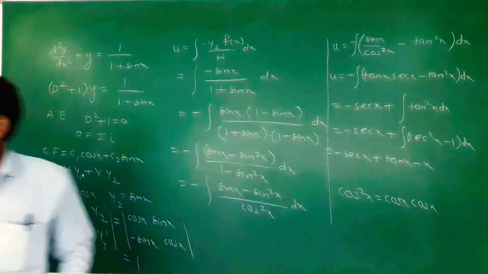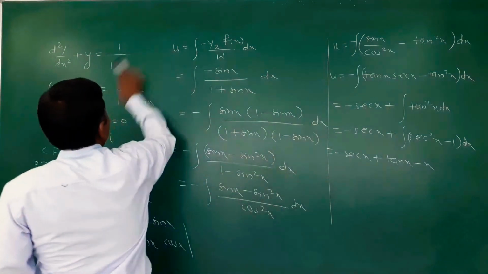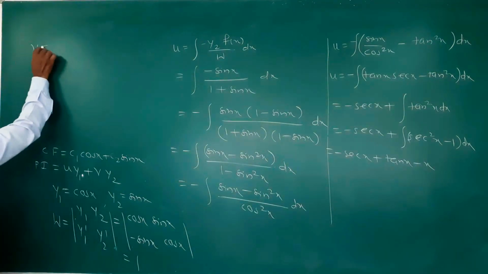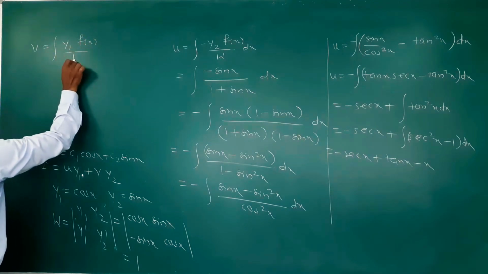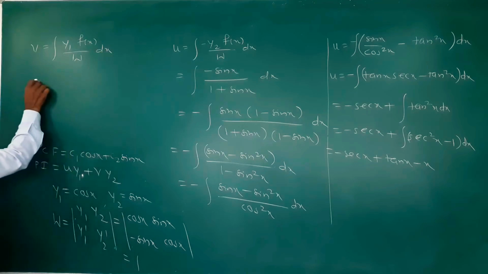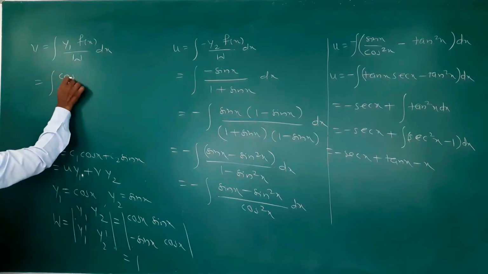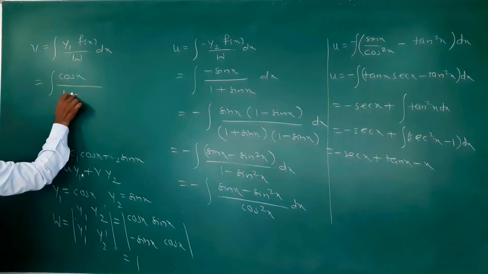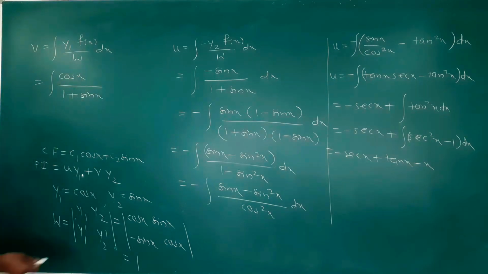Now you can try for v. So v is equal to, by the formula, integration of y1 f of x upon W dx. So it is equal to integration of y1, what is the value of y1? cos x. Right? f of x is 1 upon 1 plus sin x, and W is 1, so no problem.